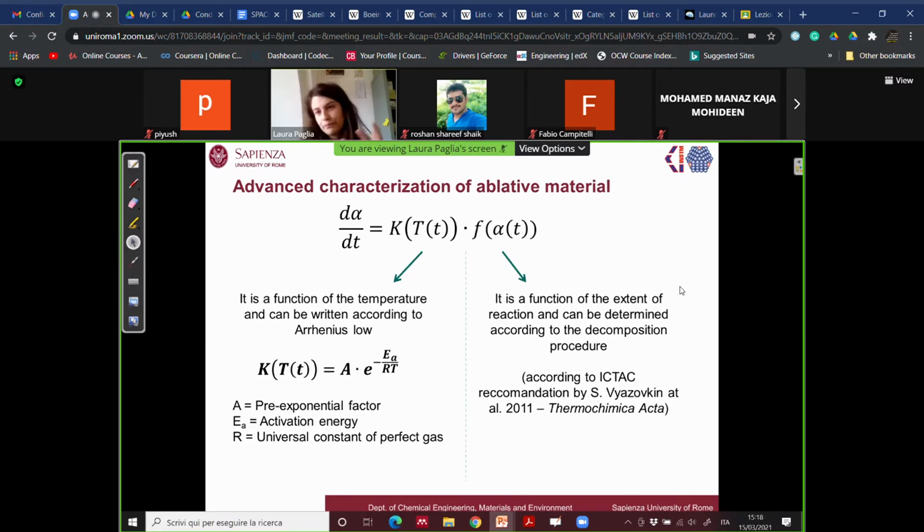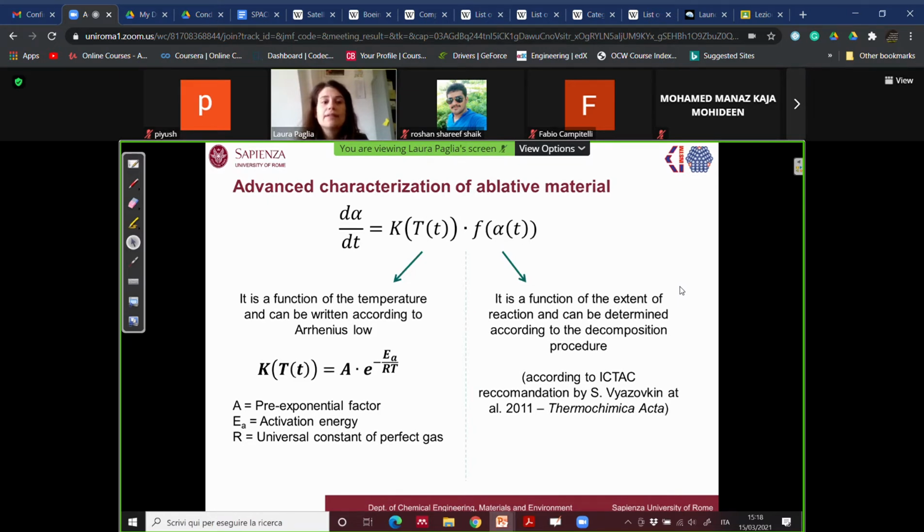Okay, so two parameters. In particular, the activation energy is the parameter that lets us understand that we need a certain amount of energy to allow the activation of a reaction.